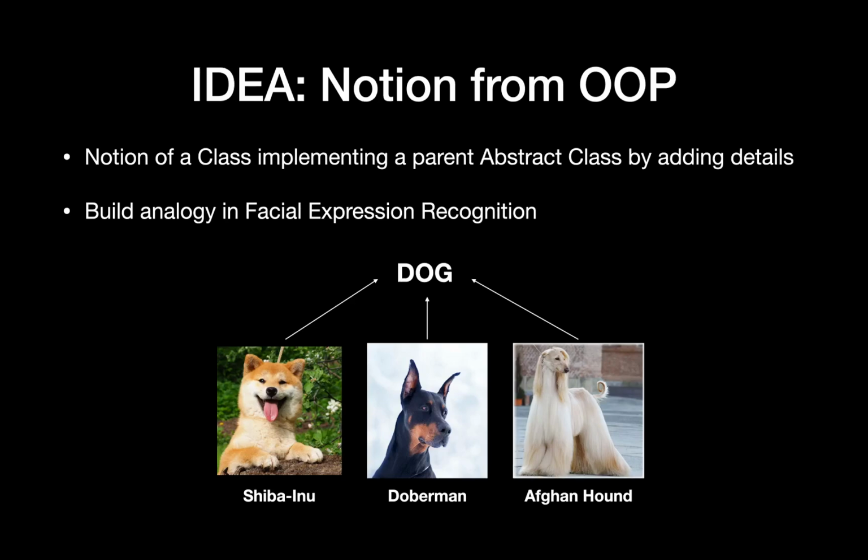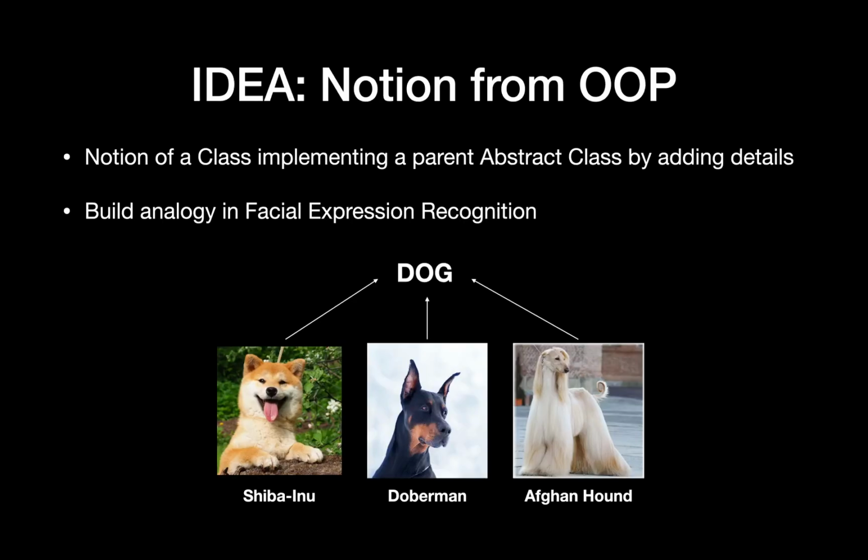There are three kinds of dogs on the slide. They all are dogs. They share something in common, and this something in common is represented as the dog abstract class. And a particular kind of dog, for example, Shiba Inu, is implemented by taking this abstract dog and adding some details that determine this kind of dog. For example, color of skin, etc., etc.